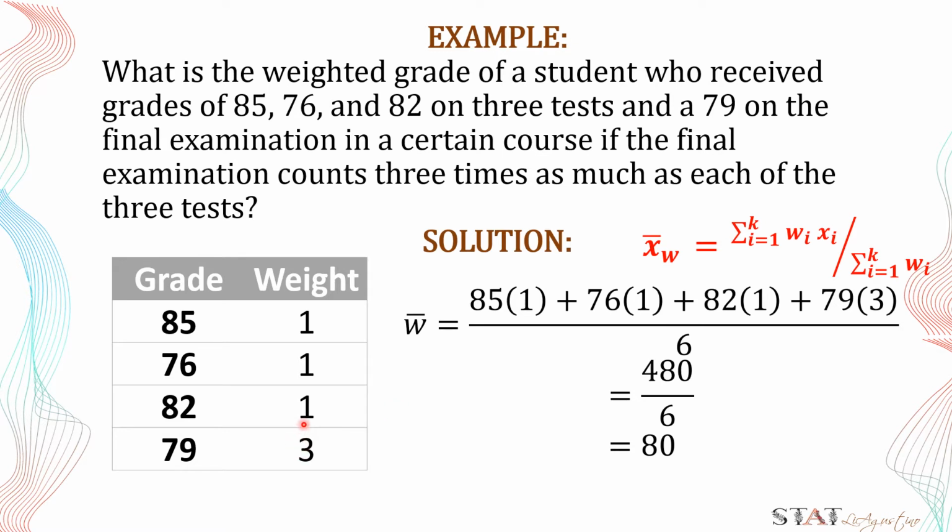We have 1, 2, 3, 6. So the numerator is 480, divided by 6 is equal to 80. That is the weighted mean of the student in this example. So I believe now you can compute your GPA, so you will have an idea if you are at the cutoff of cum laude or magna cum laude. So I hope you will apply it.